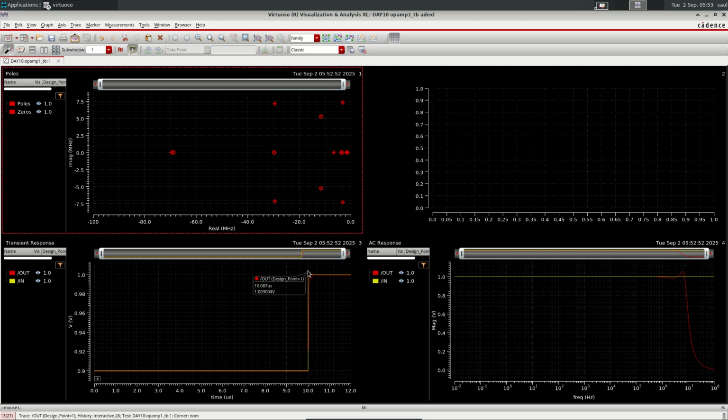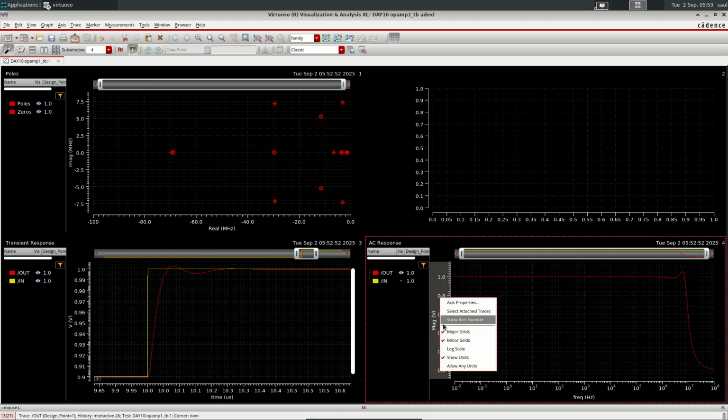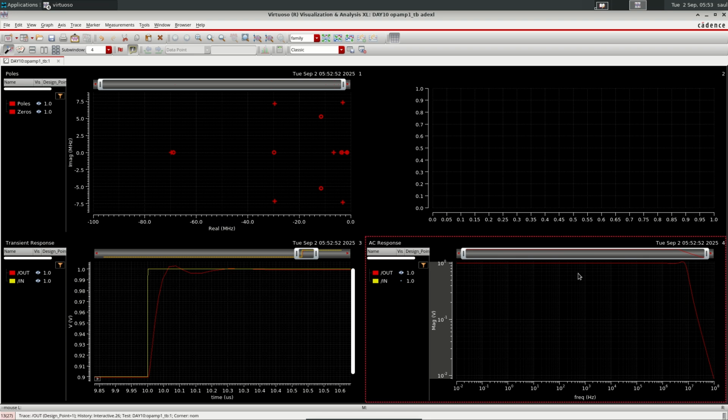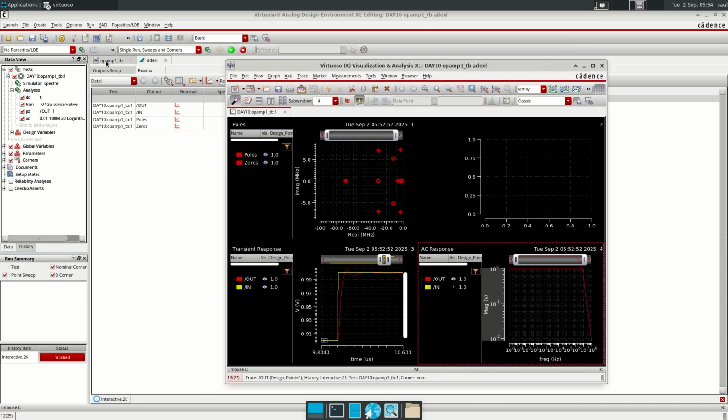So you can see that the circuit is quite stable. We don't need the input here, and we can plot this in logarithmic scale. So it is well behaved in frequency also, with a bandwidth of around 10 megahertz. Okay, so this is the circuit that we are going to lay out.